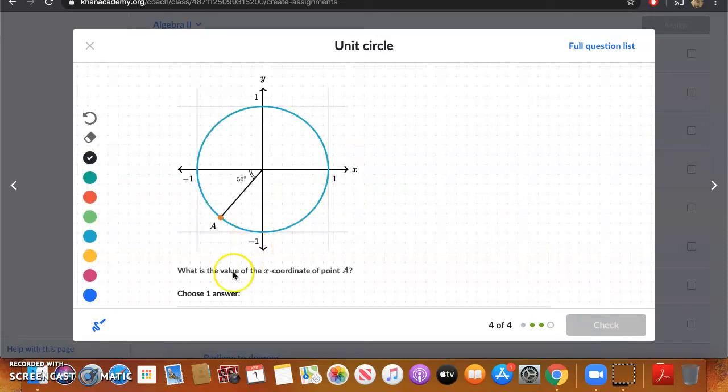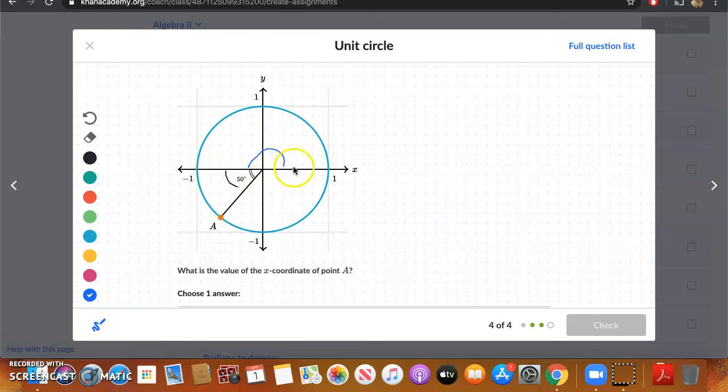And the last one. What is the value of the x-coordinate of point A? So this is 50 degrees right here. They give you the angle from the negative x-axis to A. However, remember the angle is measured from the positive x-axis, so we have to take this much into account as well. We have to add this much to the 50.